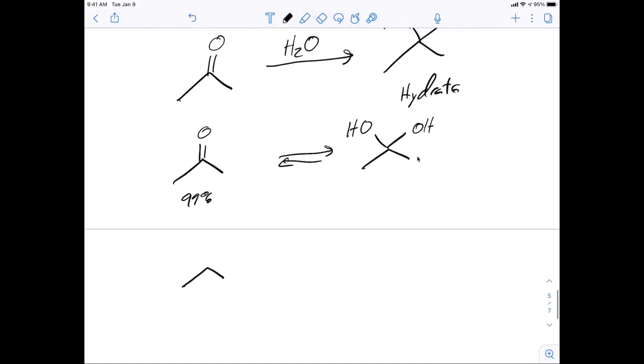But if we look at acetaldehyde, then we see that it forms about the opposite, right? About 99% of the hydrate form.